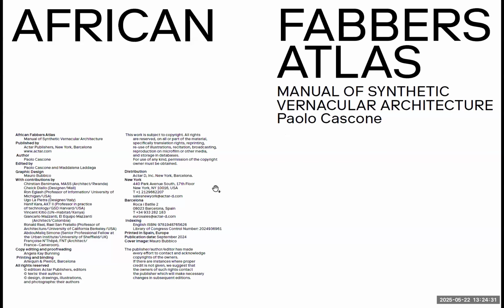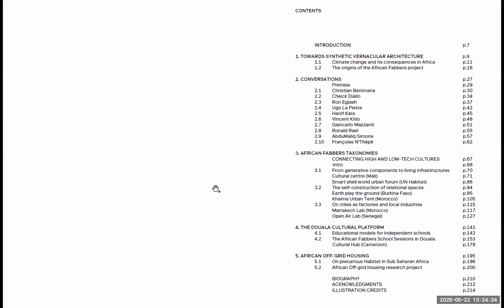Okay, great. So the book is structured in a way in which this story, 15 years of work, is explained from different perspectives and points of view. First of all, within a sort of statement on the relation between climate change and the consequences of climate change in some of these regions where we've been, potentialities and contradictions.